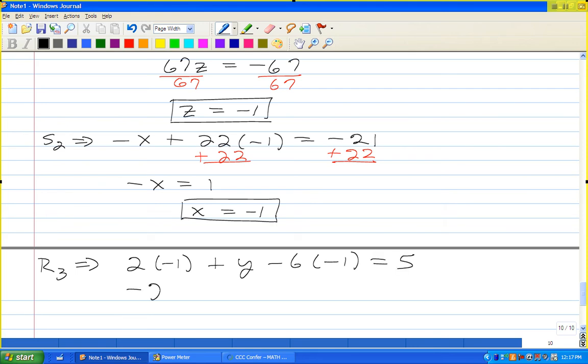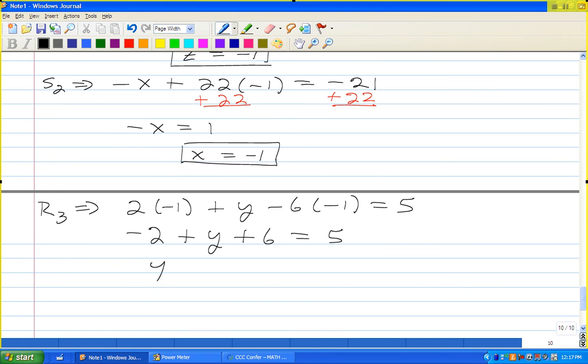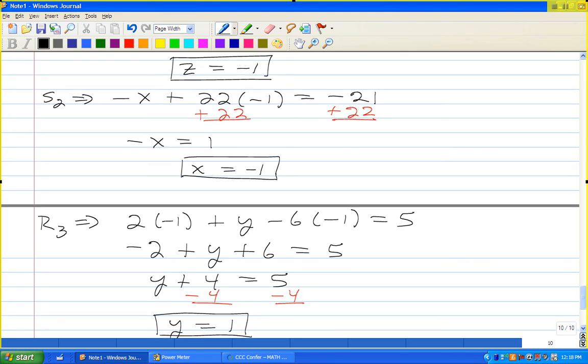Okay, so I get negative 2 plus y plus 6 equals 5. So y plus 4 is 5. Subtract 4 from both sides. So I get that y is equal to 1. Okay, good. So in this case, x is negative 1, y is positive 1, and z is negative 1. Any questions about that?